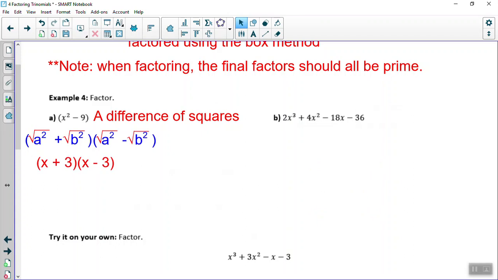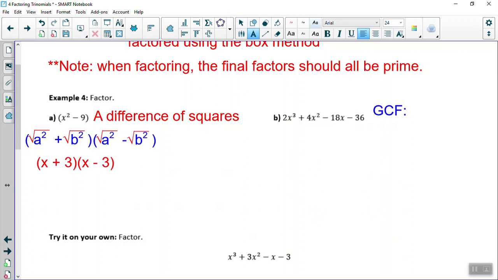Look at each of these and determine if there's a greatest common factor. So they're all even, which means I can divide by at least 2. I'm going to double check to see if there's anything bigger. Since my smallest coefficient is 2, then I can't go any bigger than 2. So I have a greatest common factor of 2.